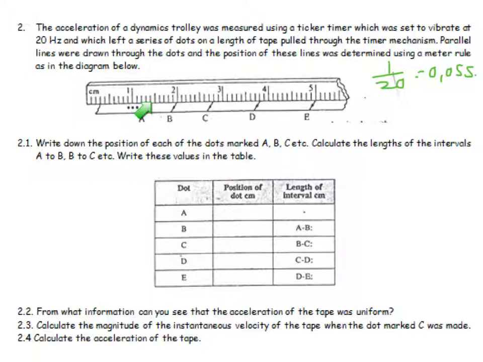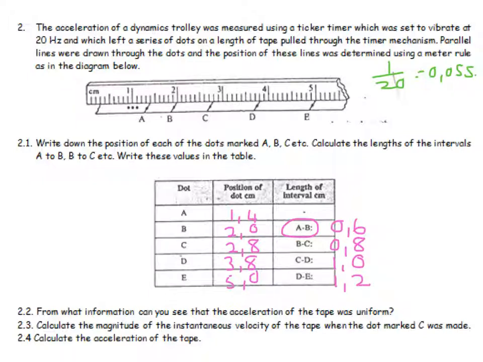So A is at 1,4, and it's in centimeters. So I'm just going to write 1,4, 2,0, 2,8, 3,8, and 5,0. When I work out AB, I can then say 2 minus 1,4 is 0,6, then 0,8, 1,0, 1,2.